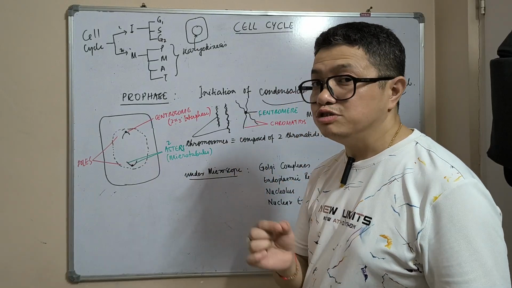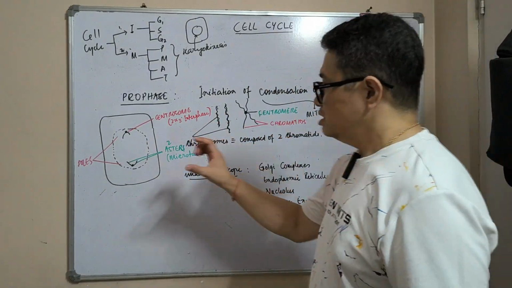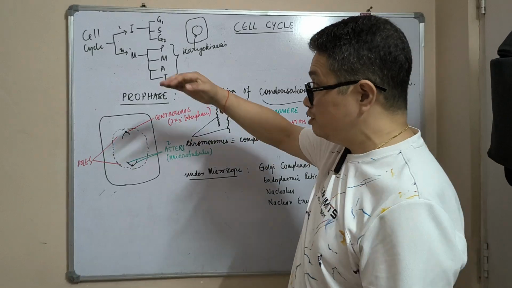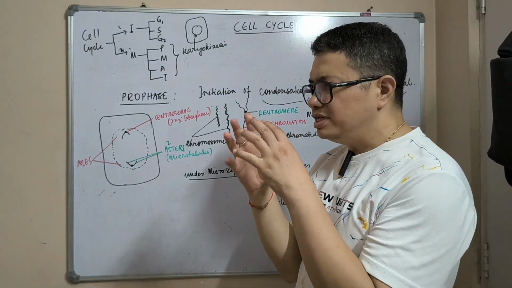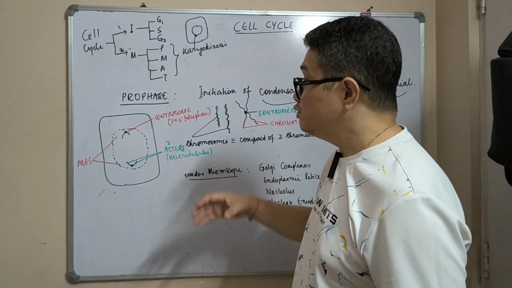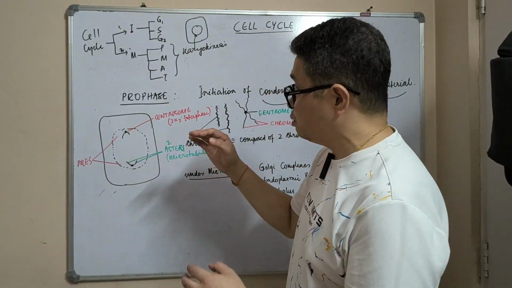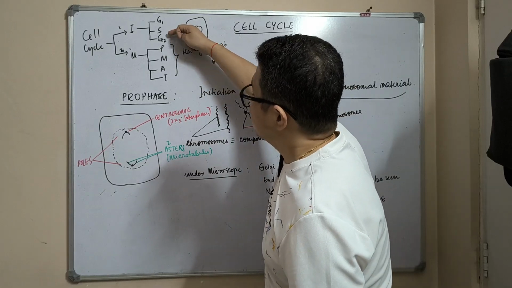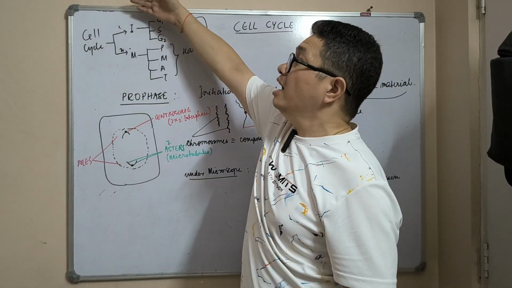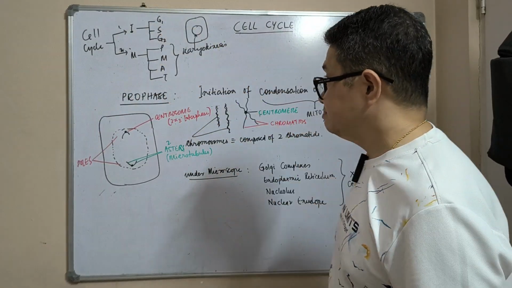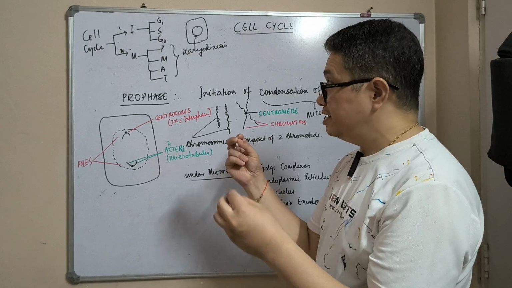Before the start of mitosis, the cell grows and the chromosomal material duplicates in the synthesis phase. After synthesis and the G2 phase comes the prophase, and after this again will come the interphase, right?